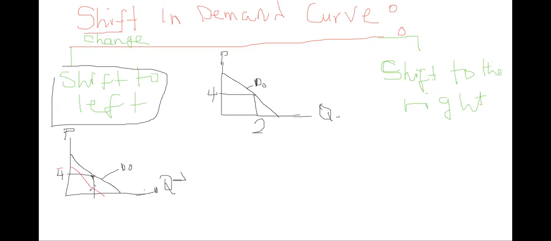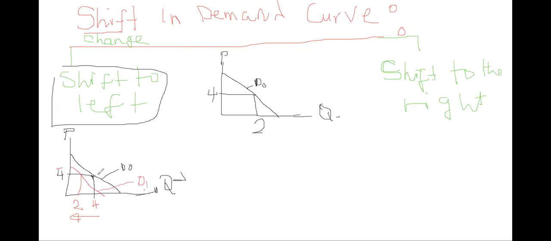So we have a new quantity, which we can say is 2. But the price doesn't change. It's only the demand curve that shifts. So the quantity demanded decreases, but price remains constant. We have a new demand curve, which we can call D1.